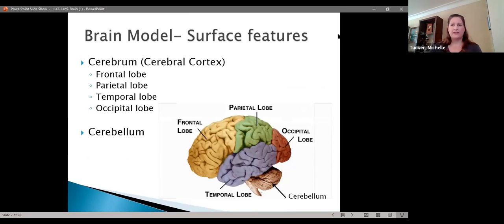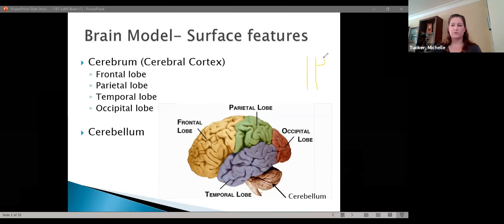The brain is divided into two large components, two large sections. We have the cerebrum, which is this large section here. It becomes highly folded during development. It starts off as a neural tube, and then you'll get some swellings that will become the diencephalon and the cortex.